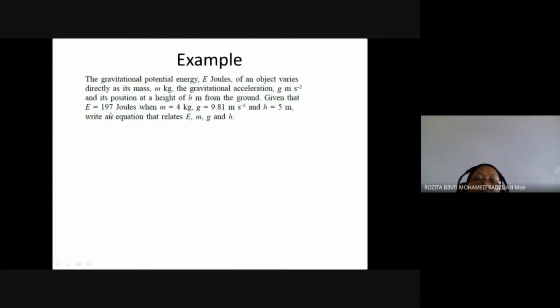Given that E is 197 joules when M is 4 kg, G is 9.81 and h is 5, write the equation that relates E, M, G and h.